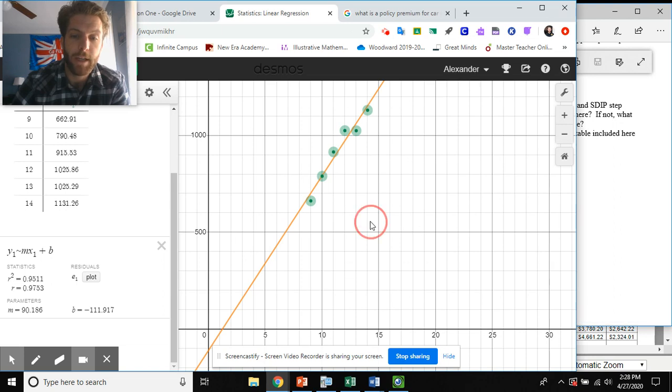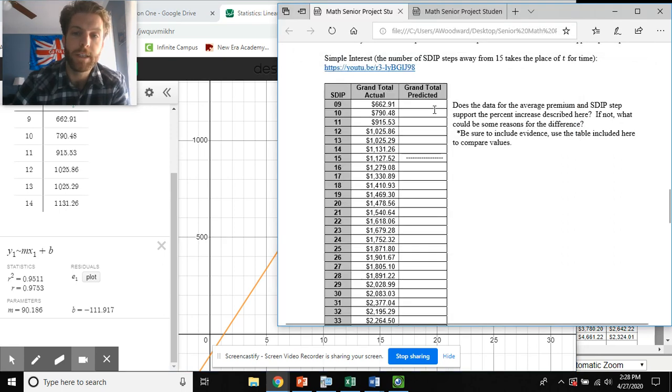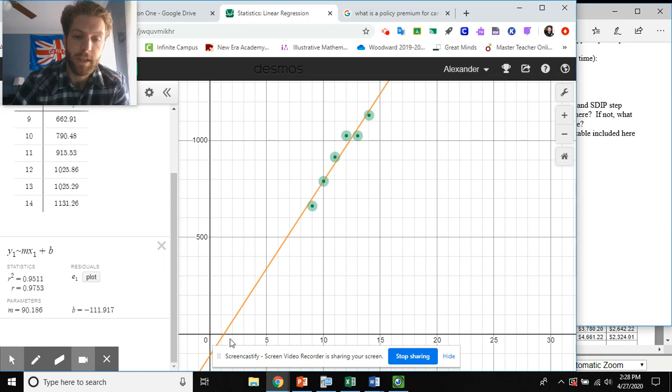Now, if we look back at our linear regression model, we see this line of best fit. It's in orange here, okay? This grand total predicted, the values that you're going to be putting in here is basically the values that fall right along this line of best fit.